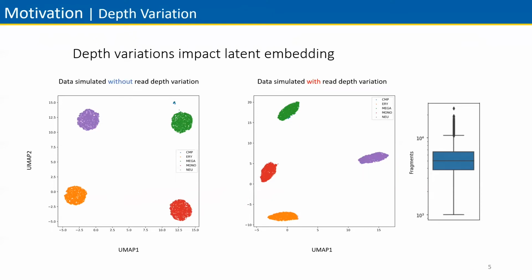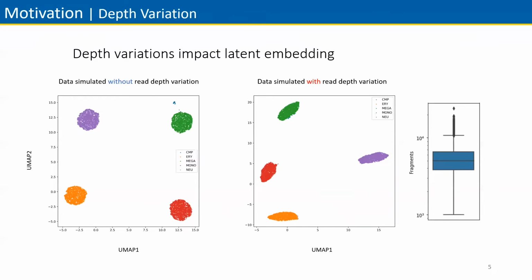The second example is about read depth variation. We've seen that if we don't correct for batch effect, we will get a problematic embedding result. Here, even within the same sample, read depth variation can be a confounding factor affecting the dimensional reduction. Here we show the UMAP visualization of embeddings generated by a simple linear method, latent semantic indexing, on two simulation datasets.